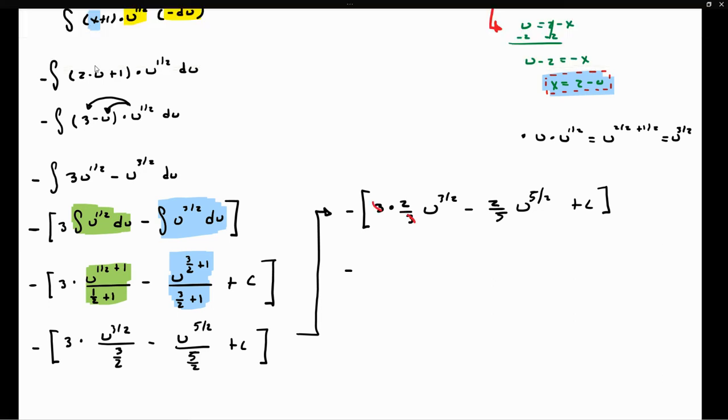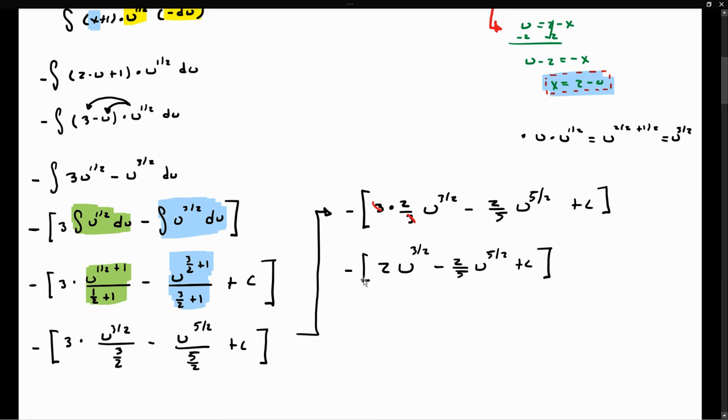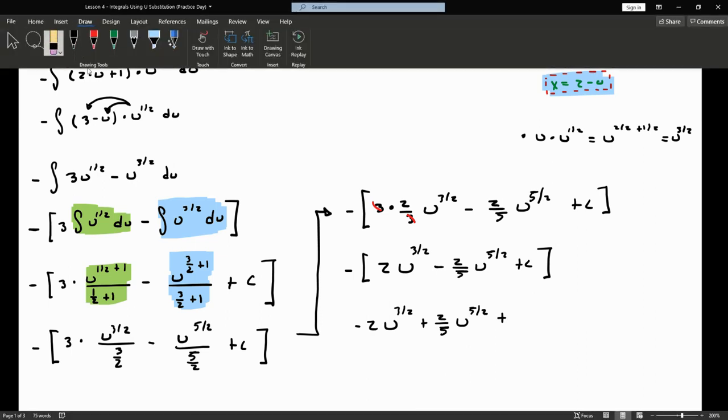So we got a negative still on the outside, and now we got 2u^(3/2) minus 2/5 u^(5/2) plus c. And there are still two things that we need to perform. The first one is we need to still take care of this negative. So let's do that. If we distribute that negative, now my first term is going to be negative 2u^(3/2) plus 2/5 u^(5/2) plus, or we can call it negative c if you may.